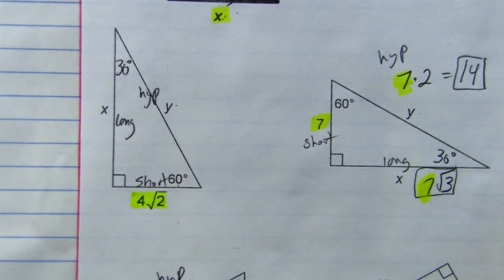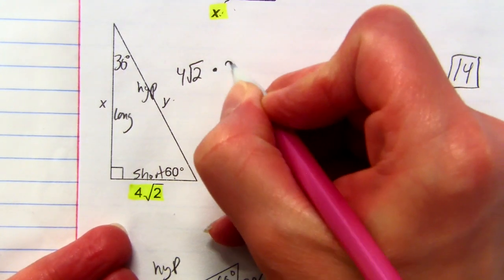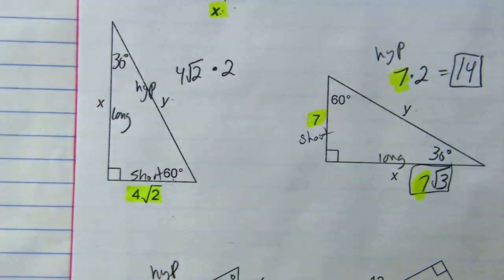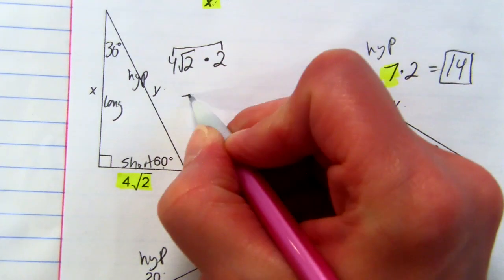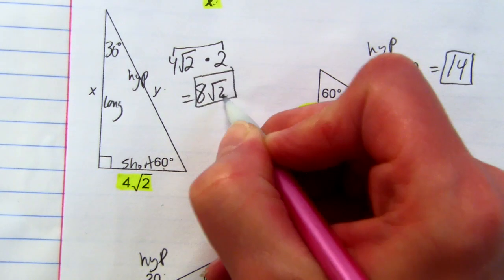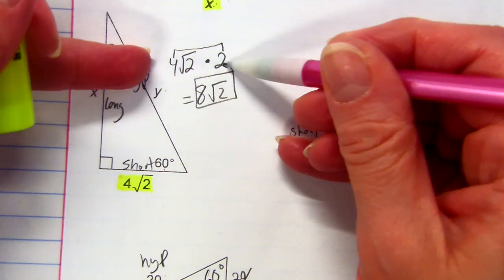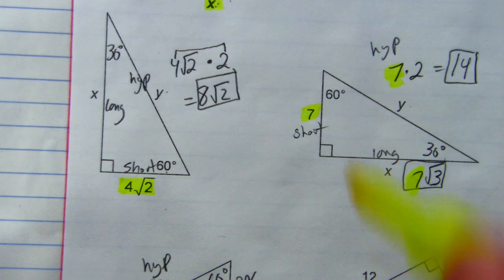So I'm going to take that whole thing, 4 square root of 2, times a normal 2. So when you have that, the regular numbers multiply, and I get 8 square root of 2. You don't change what's in here.